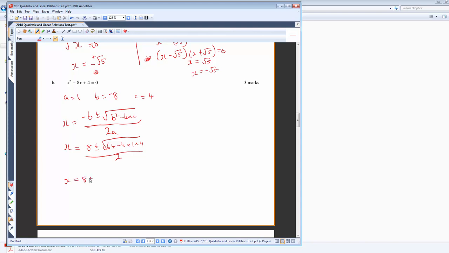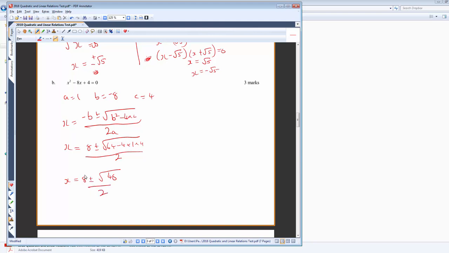X equals 8 plus or minus. Now that's 64, take away 16. So that is 48 over 2.